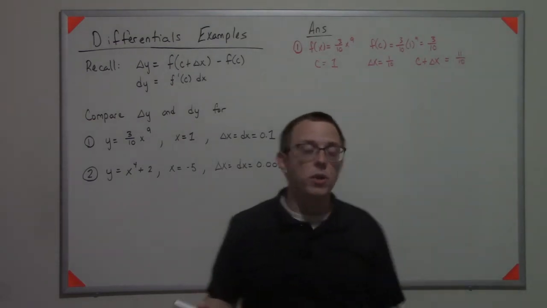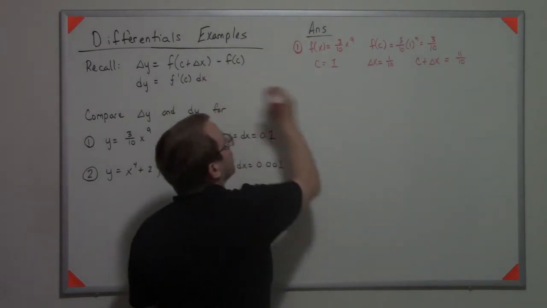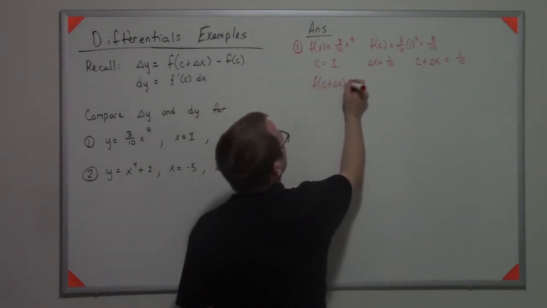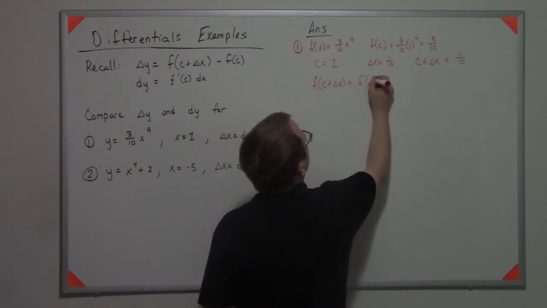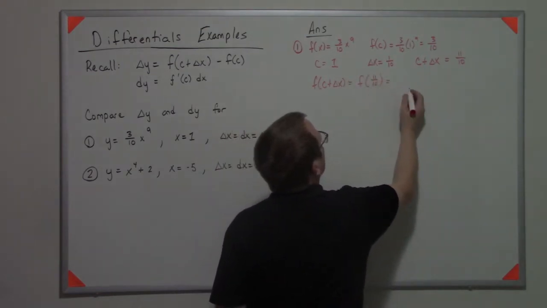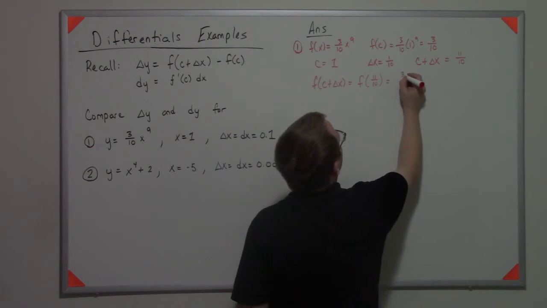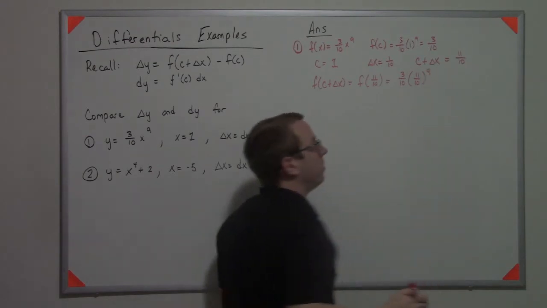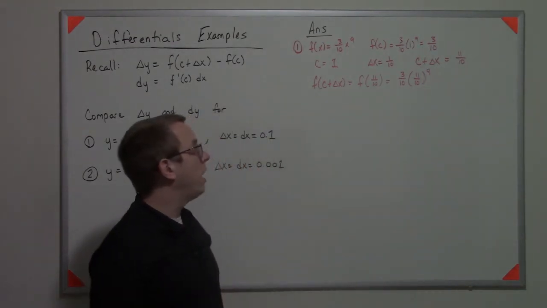Now we've got everything except f of c plus delta x. That's f of 11/10, which is 3/10 times 11/10 to the 9th. It's a pretty big value there.